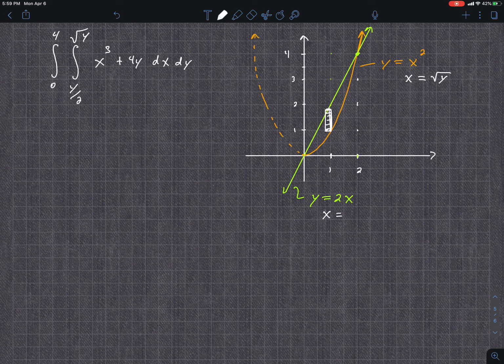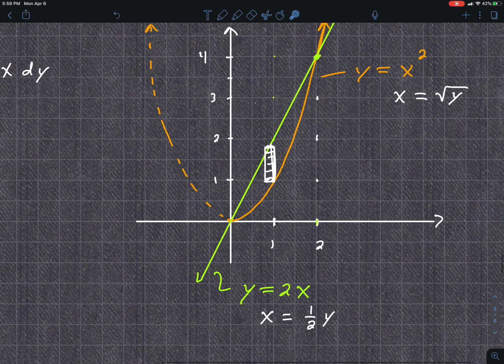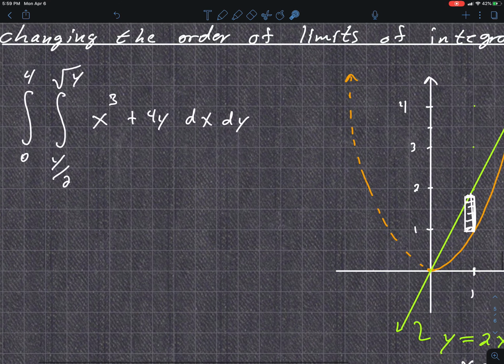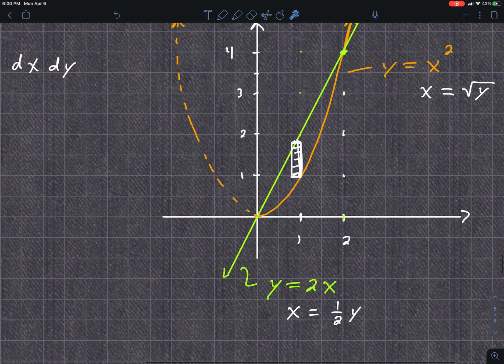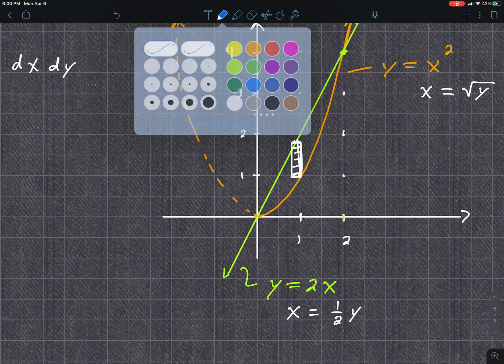And for the line, if you just solve this for x, you see you get x is 1/2 y, which is the lower limit here. And in this case, you're saying dx dy. So your segment. Oh, then look at this. See 0 to 4, and that's what this limit is, 0 to 4.